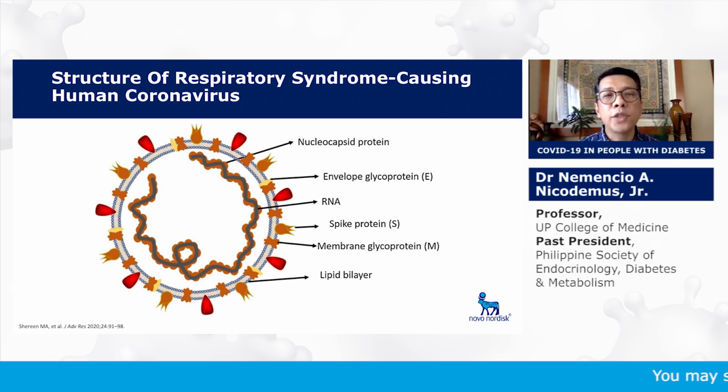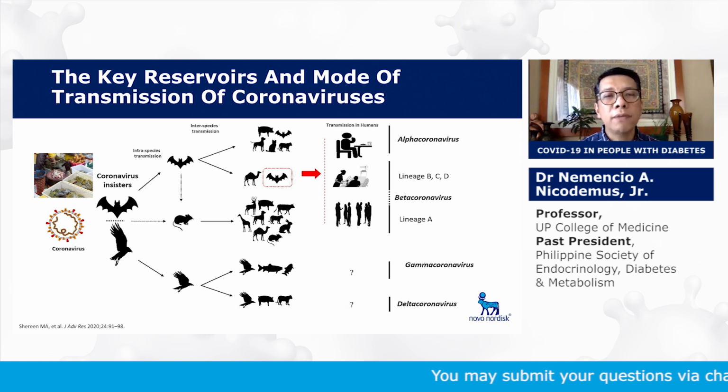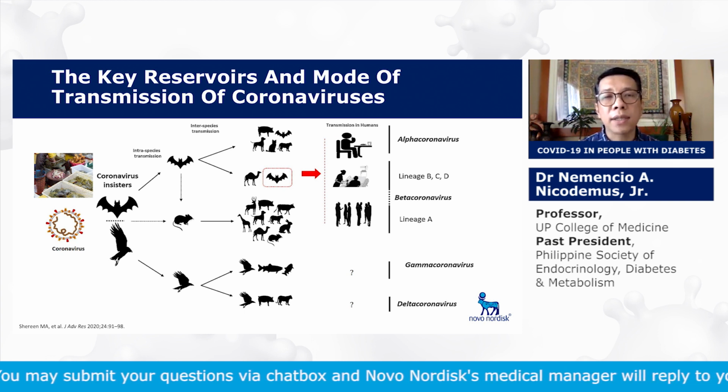How did these human coronaviruses start infecting humans? These coronaviruses were just infecting animals at the start. In fact, the key reservoir of the human coronaviruses were just bats and even rodents at the start.